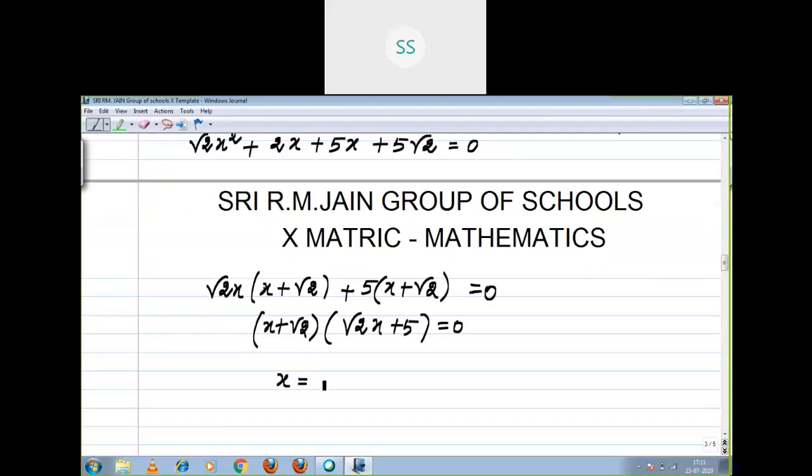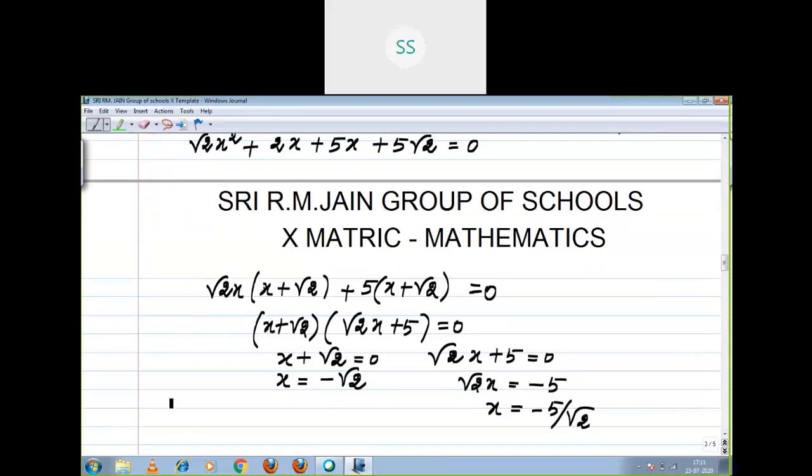x is equal to minus root 2, right? x plus root 2 equal to 0. Next, root 2x plus 5 equal to 0. Root 2x equal to minus 5. x is equal to minus 5 by root 2. Therefore, the roots are, you have to be very careful, children.